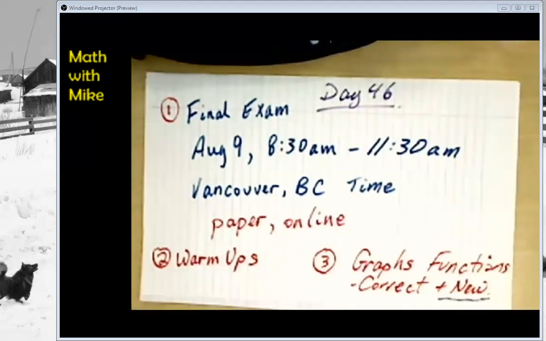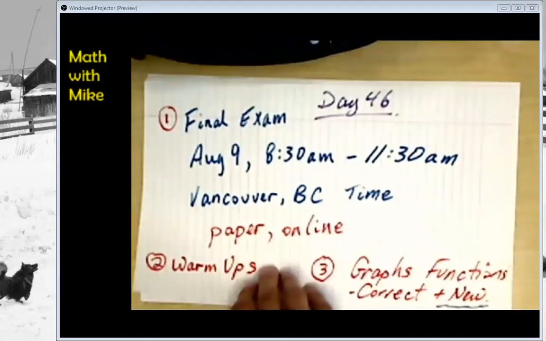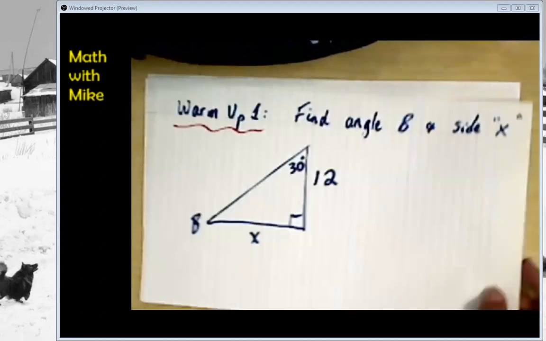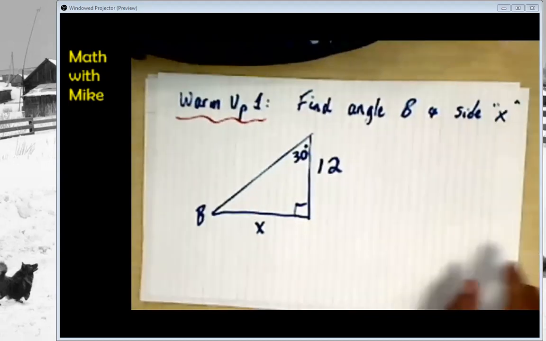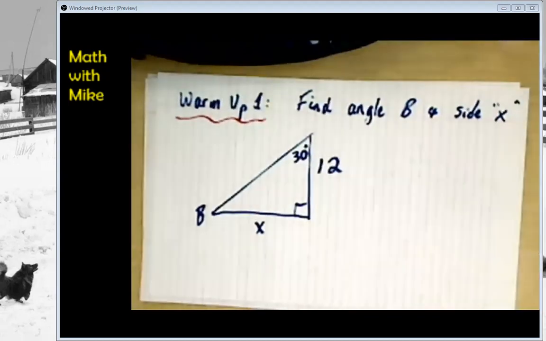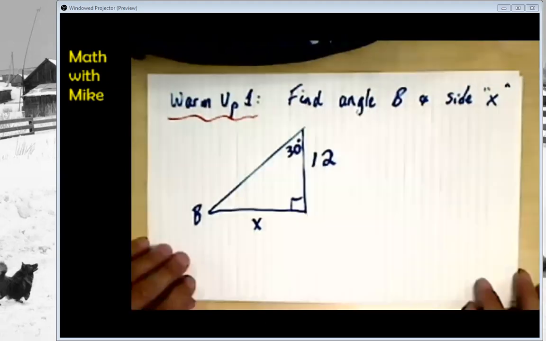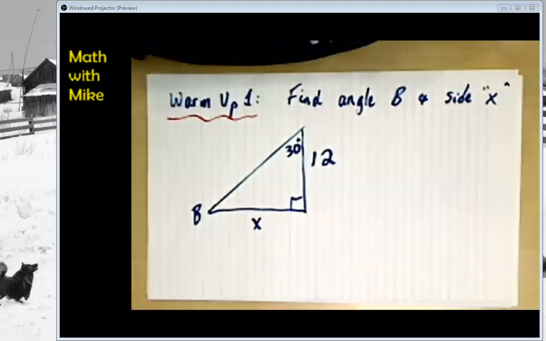Okay. Now, for our warm-up questions, we'll start by going backwards, or kind of backwards. We got this one here, a little bit of trigonometry. Okay, so I'll leave this up. I'll leave it shared.